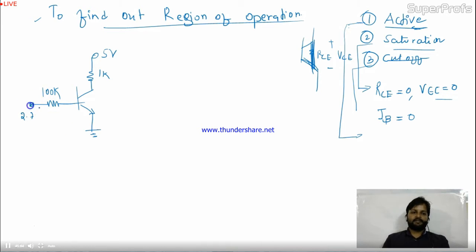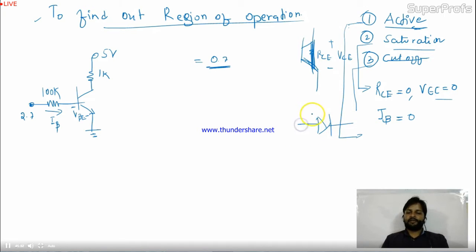This system is not working in cutoff because I definitely have IB, because you applied some energy source over here. And between base and emitter I have VBE, and VBE is always 0.7 for a transistor. Okay, base emitter region. You can understand this like the barrier potential in the diode.